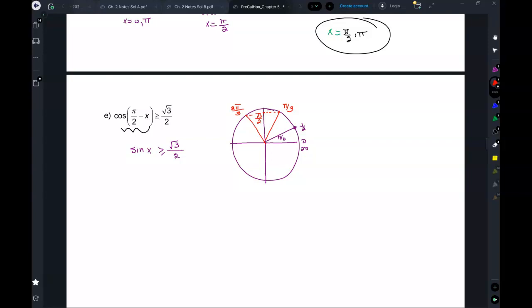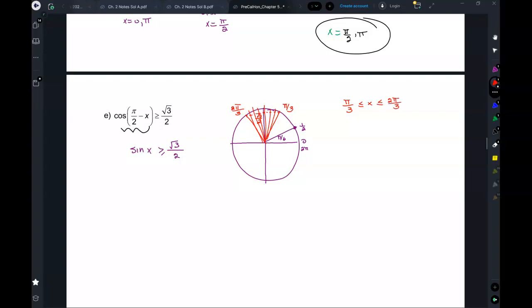So the only time that my y value is above this line is for all the angles from pi over 3 to 2 pi over 3. So the answer is pi over 3 less than or equal to x less than or equal to 2 pi over 3.